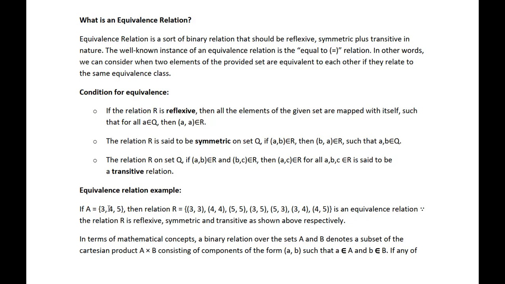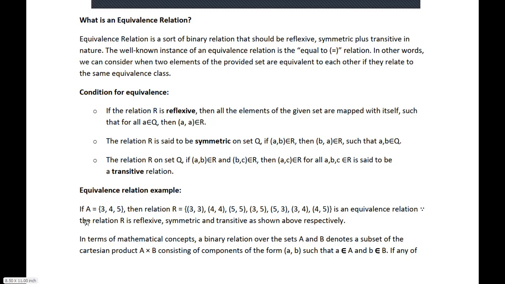In this way, we can define 512 binary relations on a set A, and R is one of the 512 relations. Now we have to check whether R is an equivalence relation. If it satisfies all three conditions, reflexive, symmetric, and transitive, then we can say that R is an equivalence relation. Let's check whether the relation R is reflexive, symmetric, and transitive as shown previously.